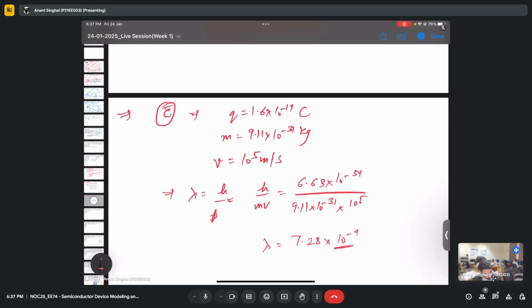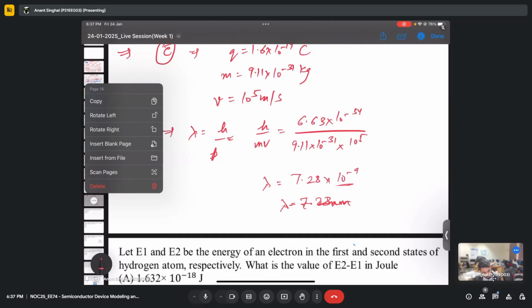So minus 9 is nanometer, so 7.28 nanometer. What do you think? Is it a significant value to consider it as a wave, right?